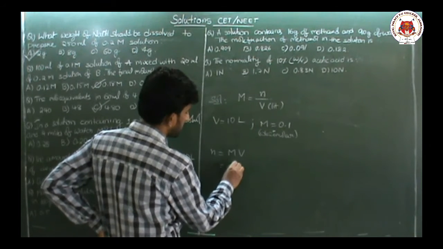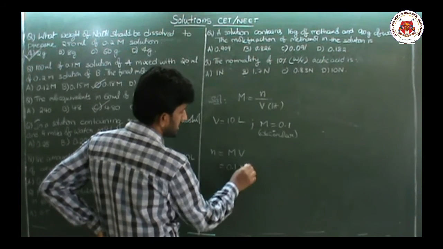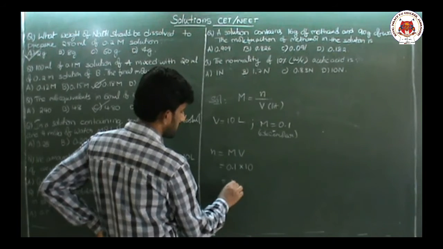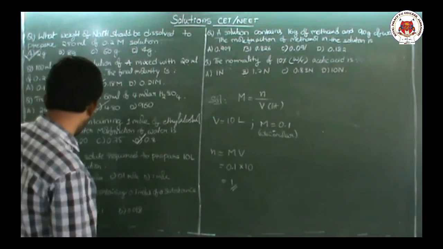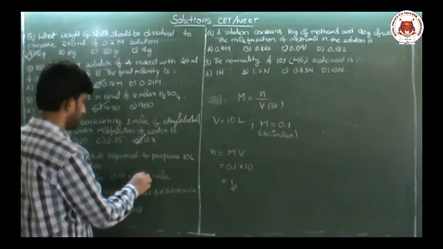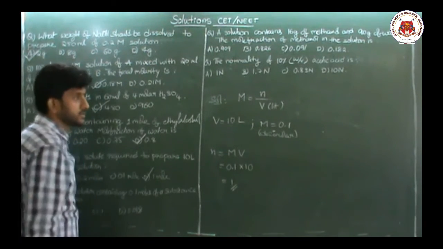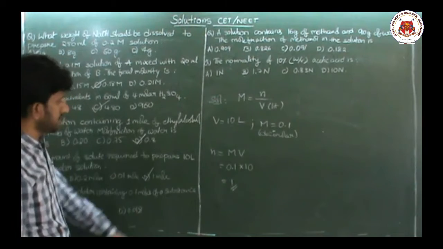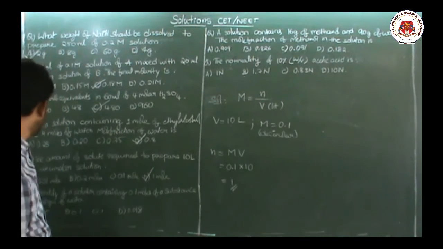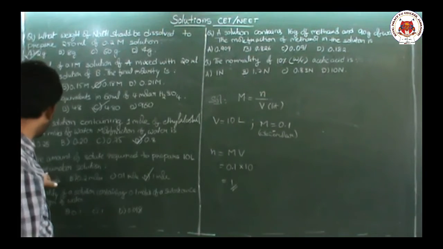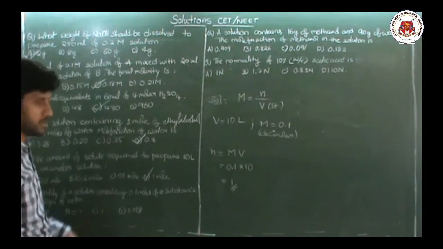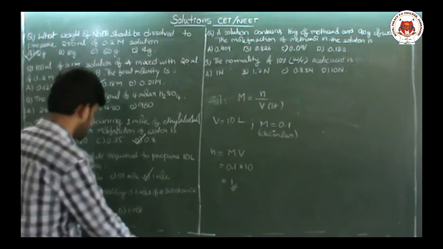Molarity is 0.1, volume is 10 liters. 0.1 into 10 is 1. So option B, 1 mole of solute is required to prepare 10 liters of decimolar solution.